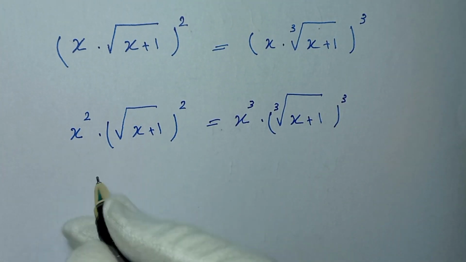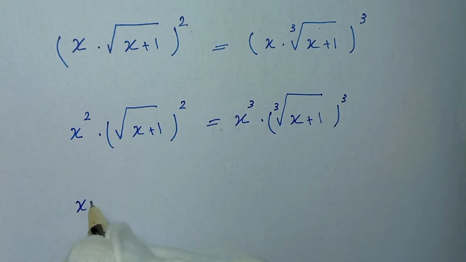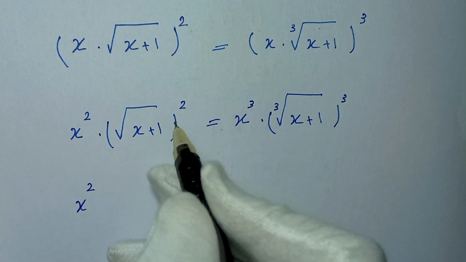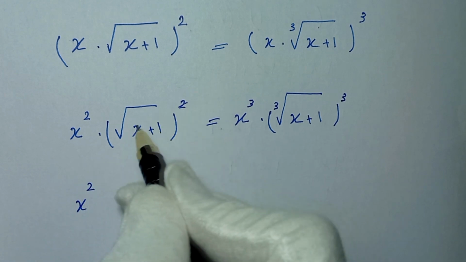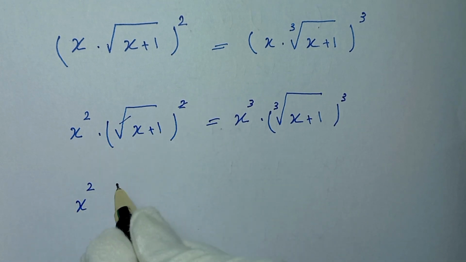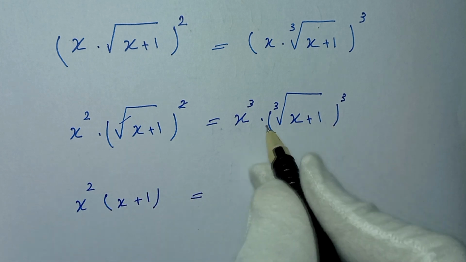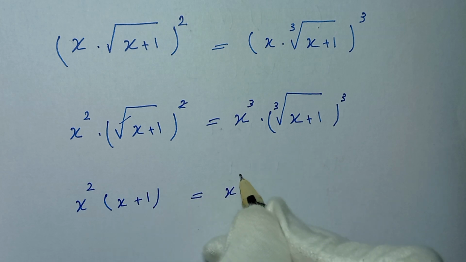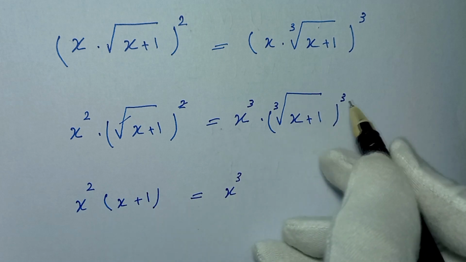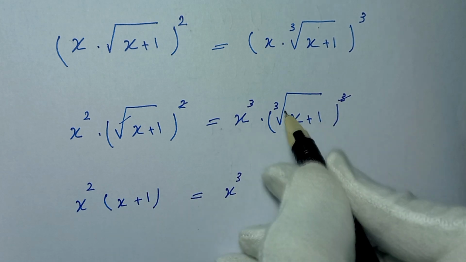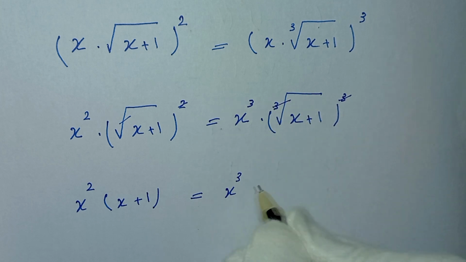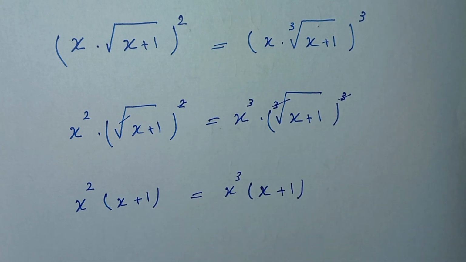And it will be x squared, and in here, this 2 will cancel this square root, so it will be x plus 1, and in here x cubed, and this power of 3 will cancel this cube root, and it will be x plus 1.